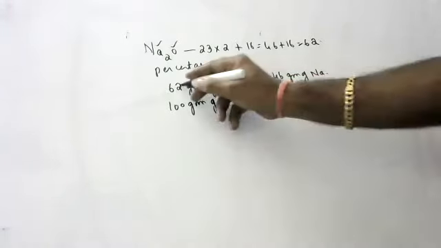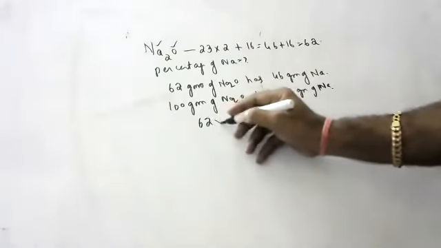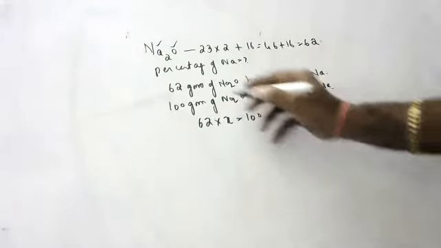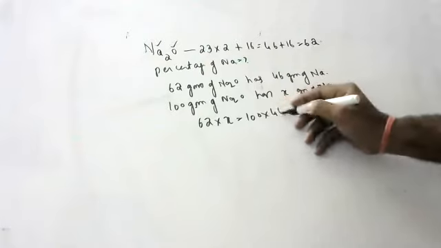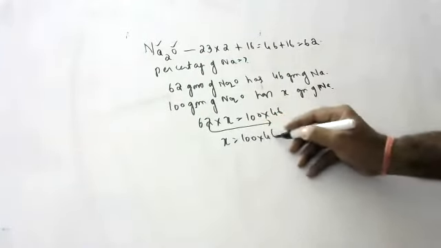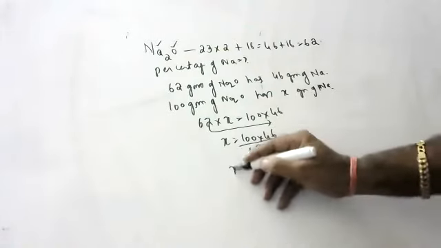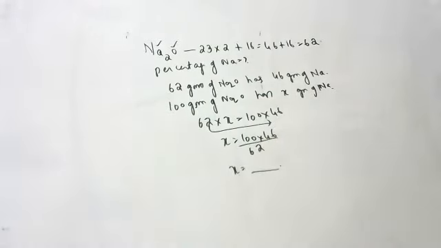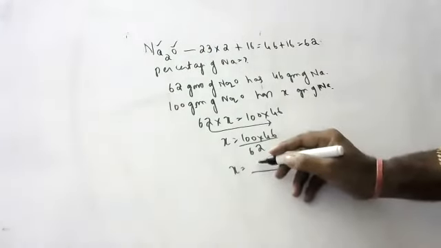Cross multiplication, children. 62 into x is equal to 100 into 46. Can anyone help me with the calculation, children? 100 into 46 by 62.